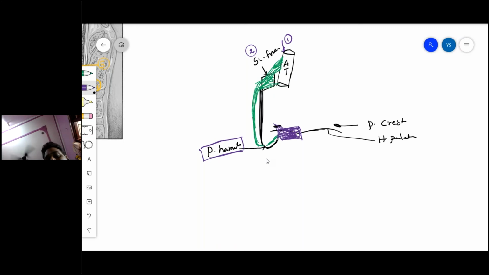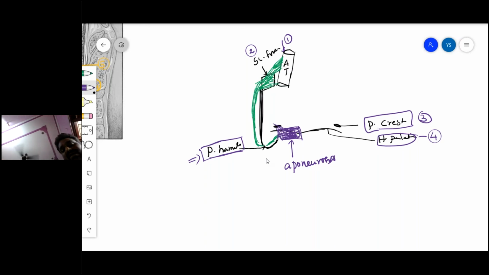Then it forms the aponeurosis, and this aponeurosis is horizontally present in the middle of the soft palate and attached to number 3, palatine crest, number 4, hard palate. So 1, 2 origin, 3, 4 insertion. In the middle we can see the pterygoid hamulus course. So the aponeurotic tendon you can see at the tensor veli palatini muscle.